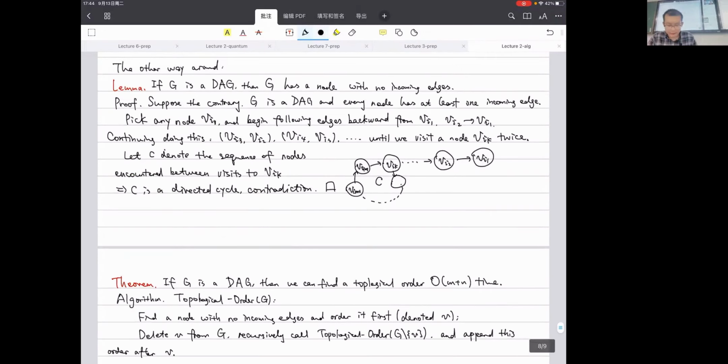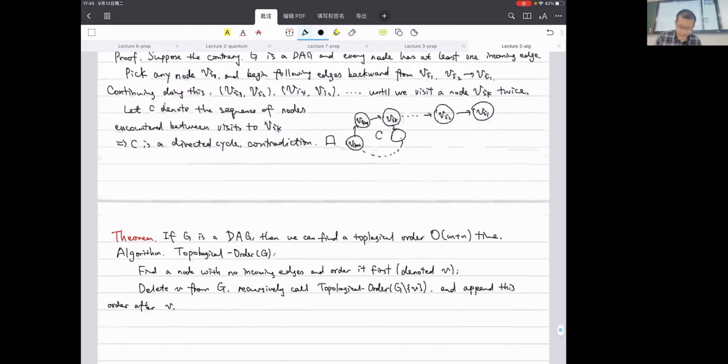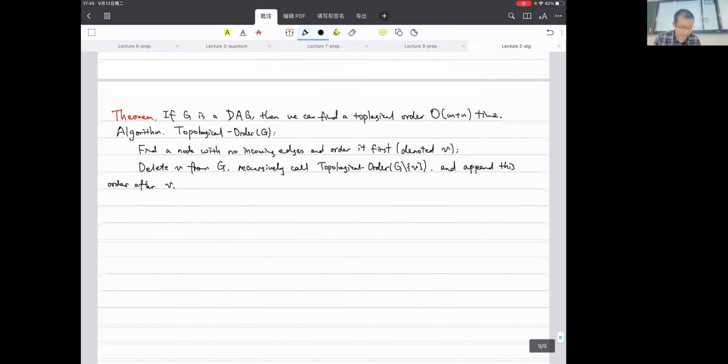As proved in this lemma, you can imagine that this vertex with no incoming edge should be the vertex that appears at the very beginning, to make sure that there are no further edges that break the topological order.